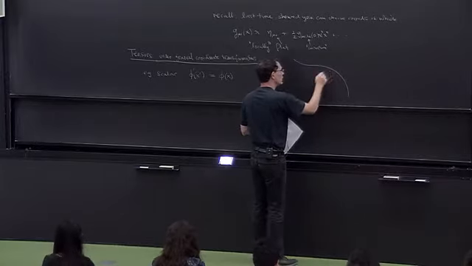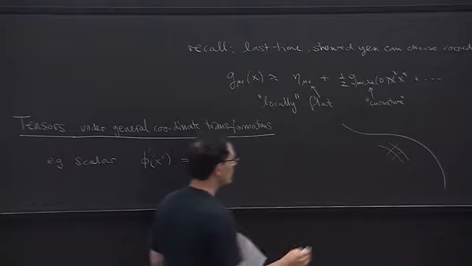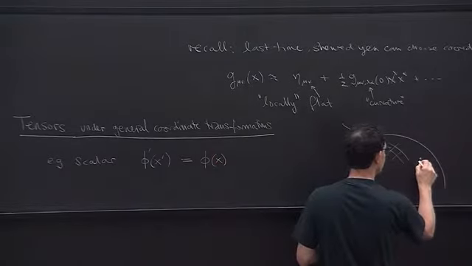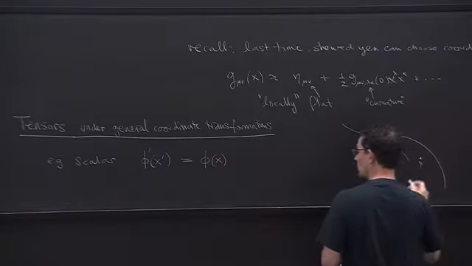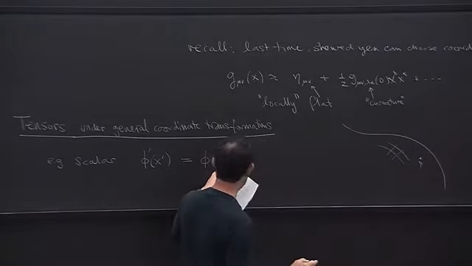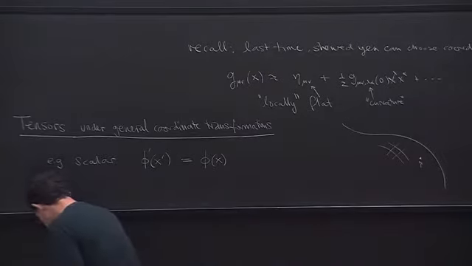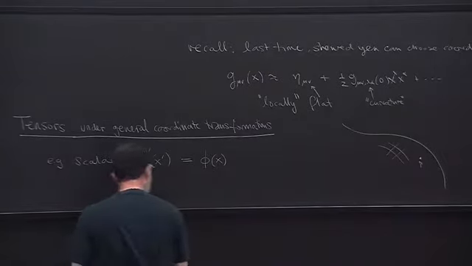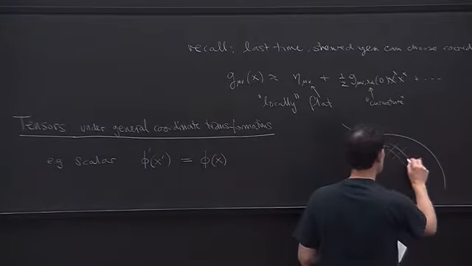Here's your curved space with the metric G. There is some point P. Let's draw two coordinate systems. This will be one of them, X.